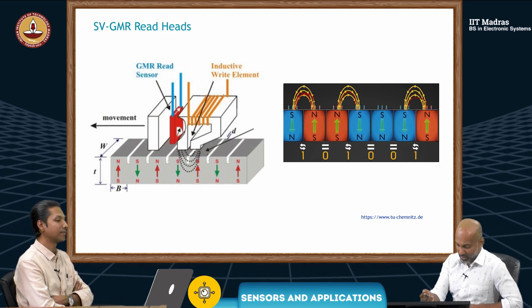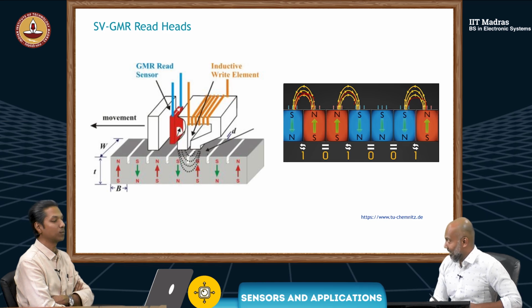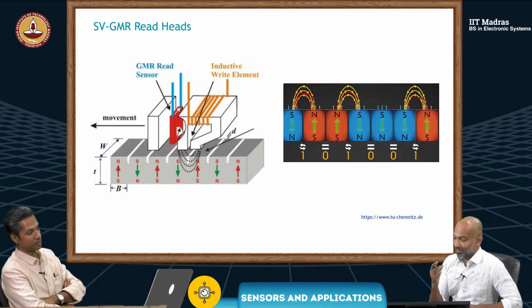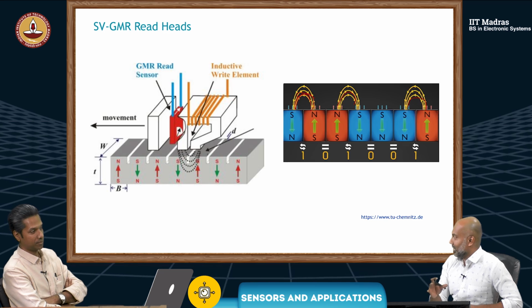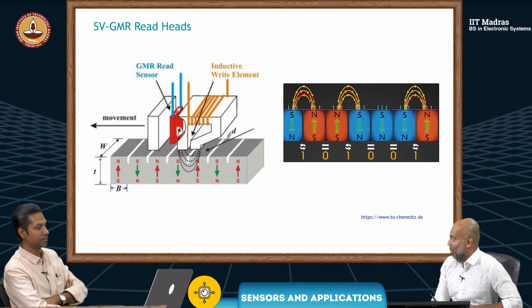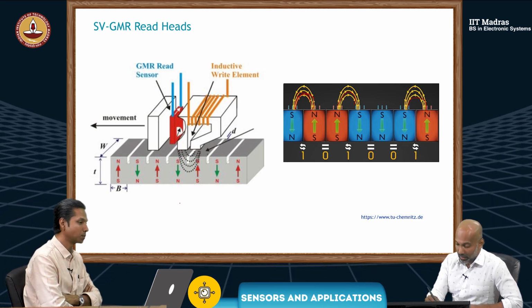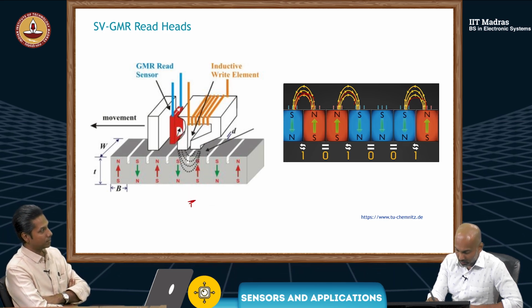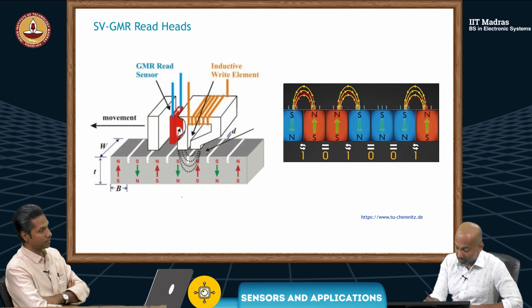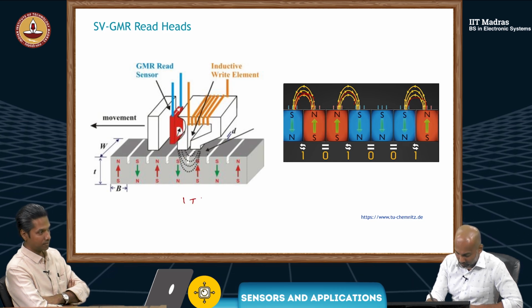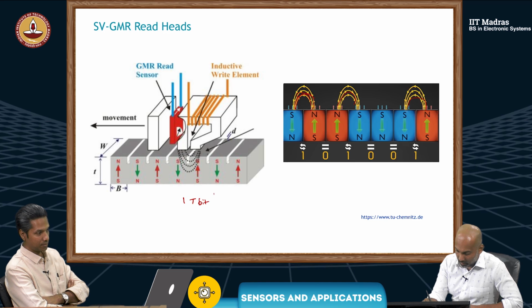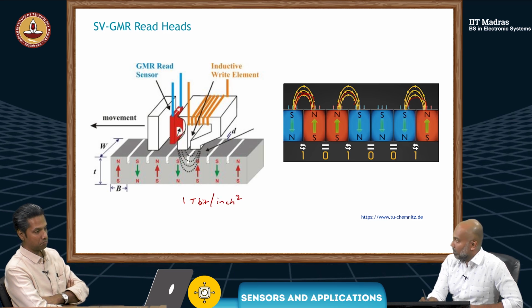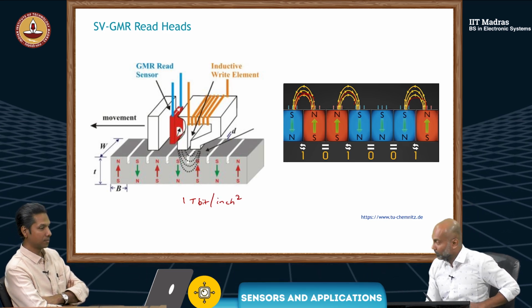So you could actually use this kind of arrangement, which was, I would say, the optimal system that we have now. From 100 gigabits, we could go up to 1 terabit per inch squared. So quite a big difference.